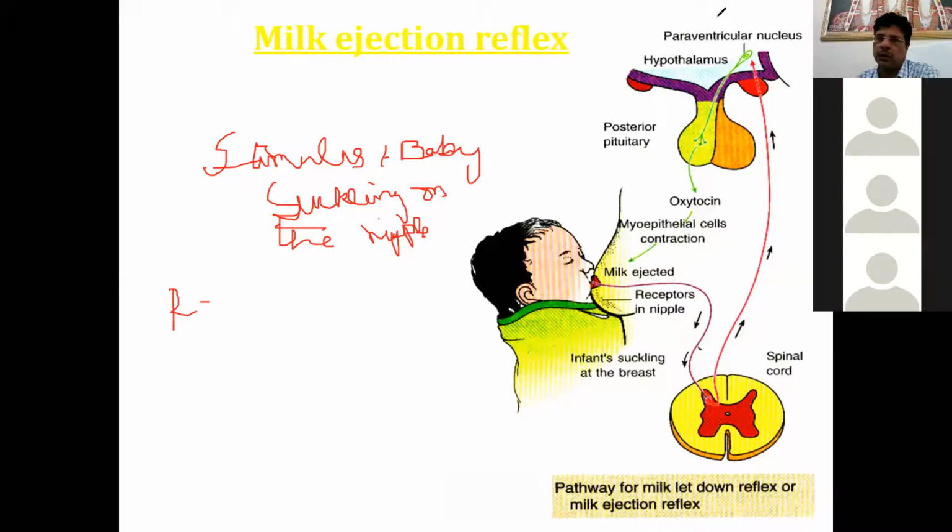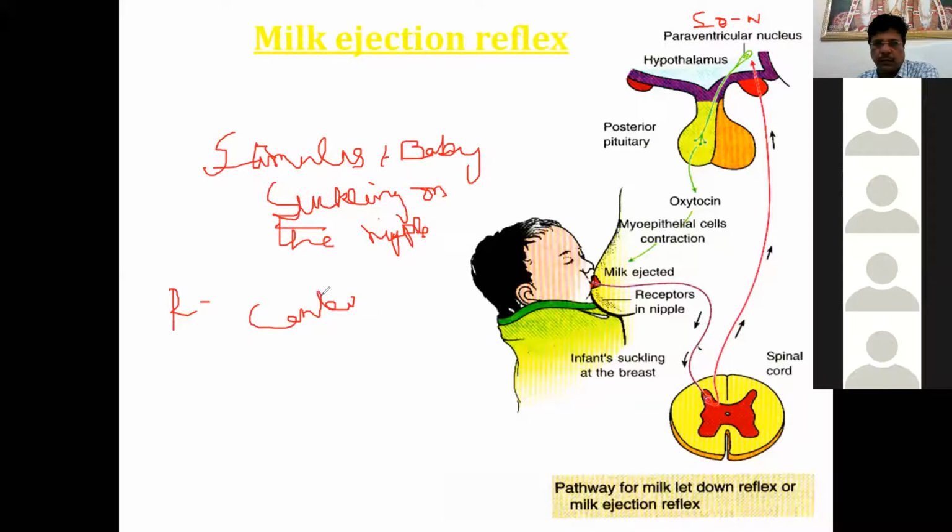Write supraoptic nucleus here. So what is the center? What is the center? The paraventricular nucleus and supraoptic nucleus in the hypothalamus. These two are the center. That is the center.